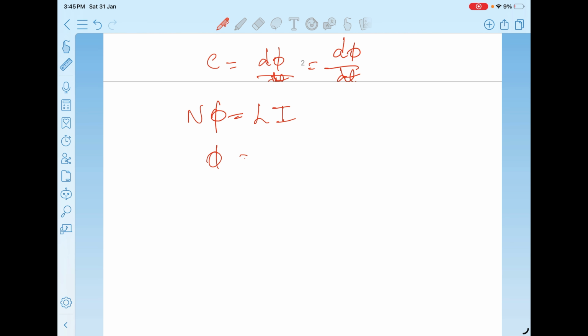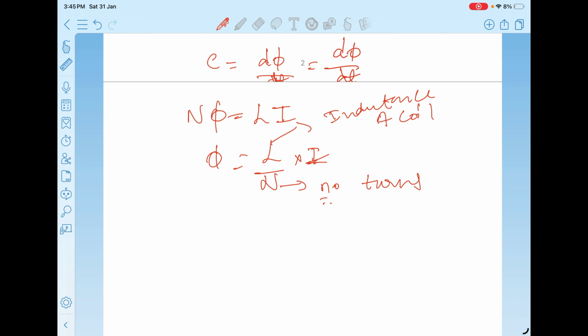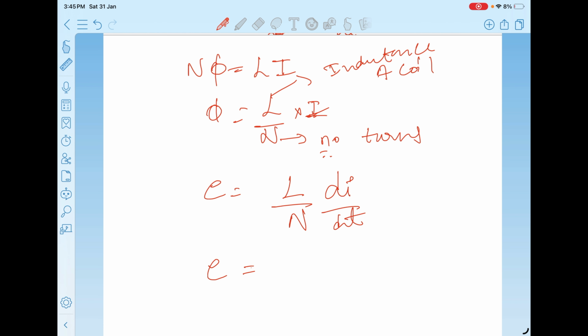So flux is equal to L/N into I, where I is the current through the conductor. Substituting that, E is equal to L, and N will be constant, so L/N into di/dt.